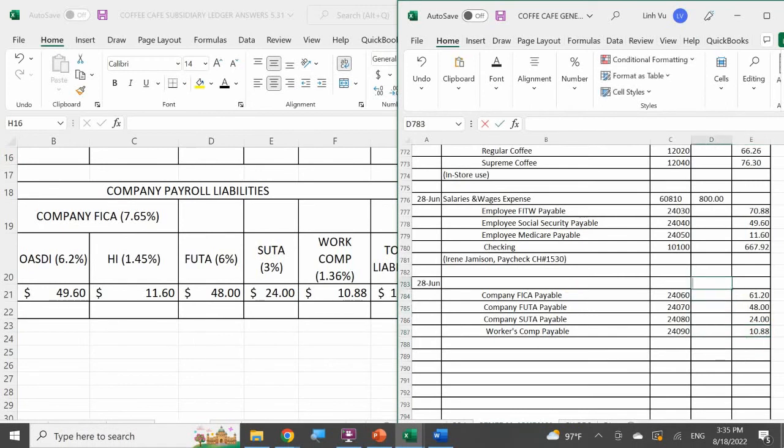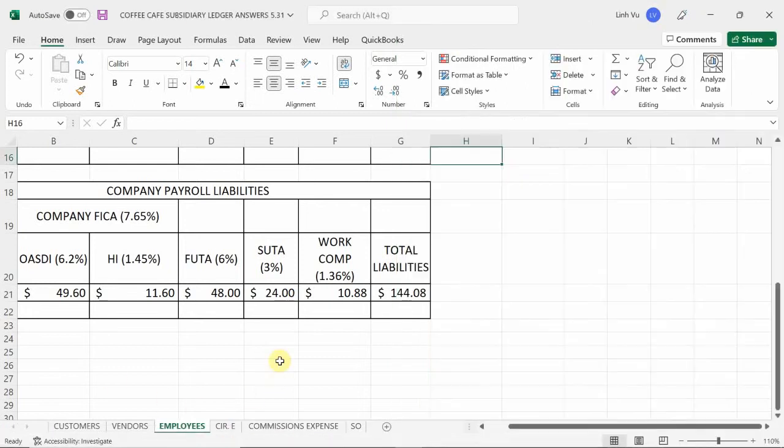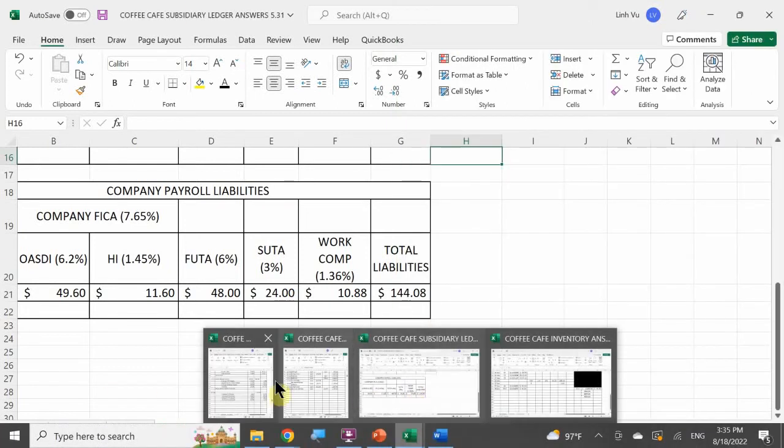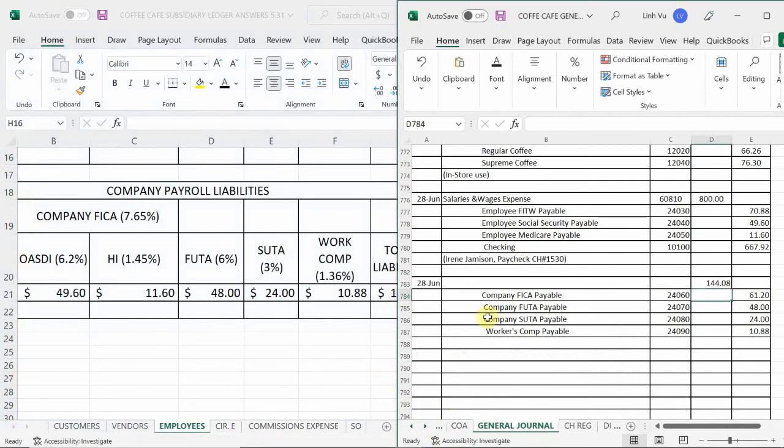So in grand total, the company has to pay $144.08 in tax. Now, what account am I going to use to represent that the company has to spend this money for having Irene as an employee?